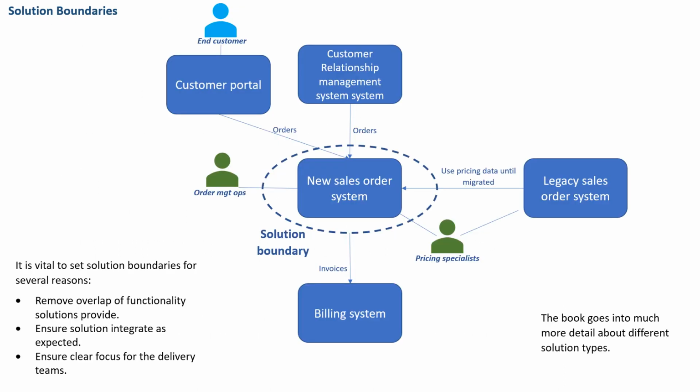Right. So a bit about boundaries. On the previous slide I talked about what a solution is and what solution architecture is, and within the enterprise there'll be many different solution architectures for many different products, services, systems, and platforms, however we want to segment it.